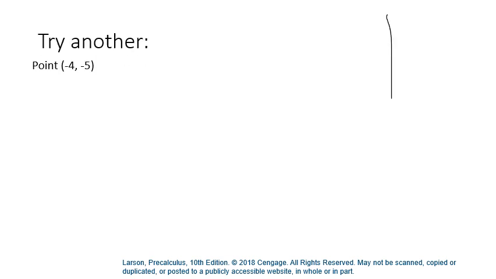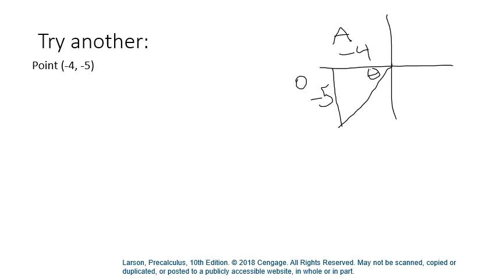Now if we try another one, here we have the point -4, -5. So we're going to be in the third quadrant, so that makes this the adjacent, this the opposite, and we have to use the Pythagorean theorem to get the hypotenuse.